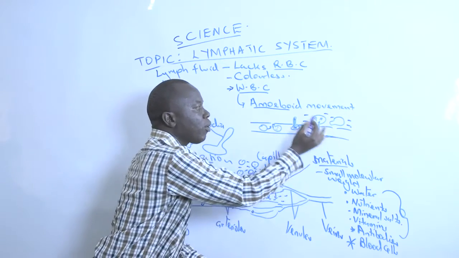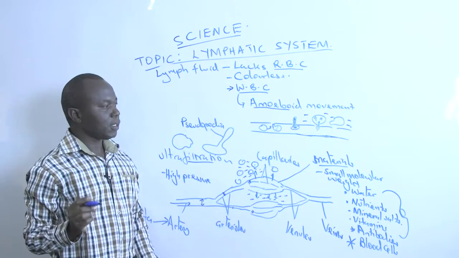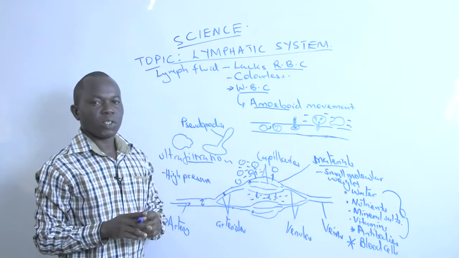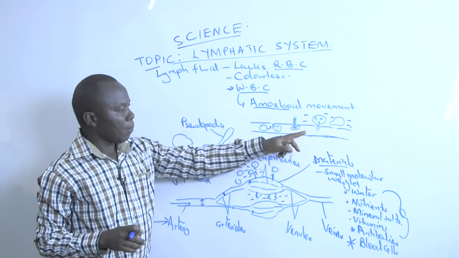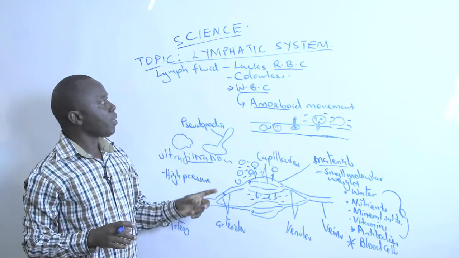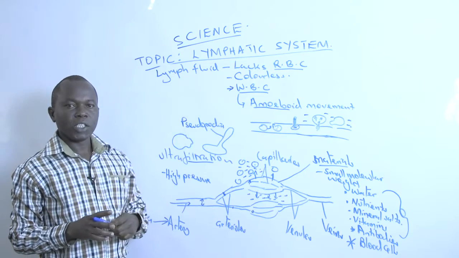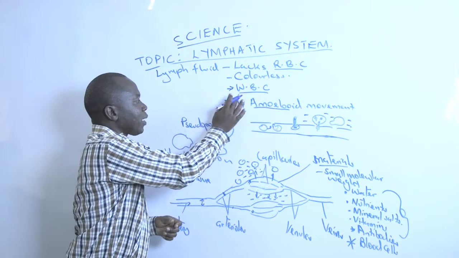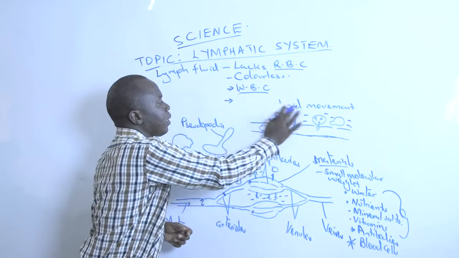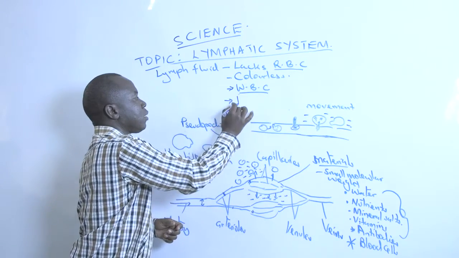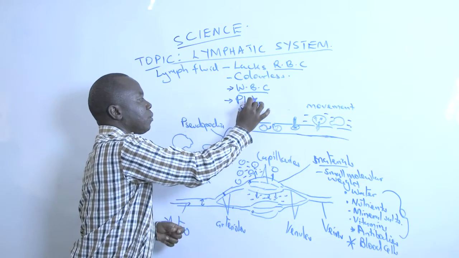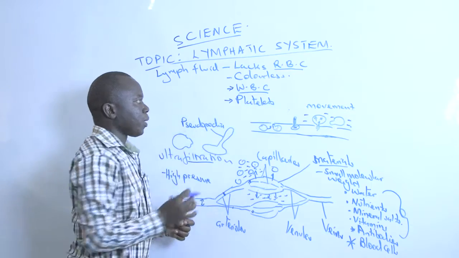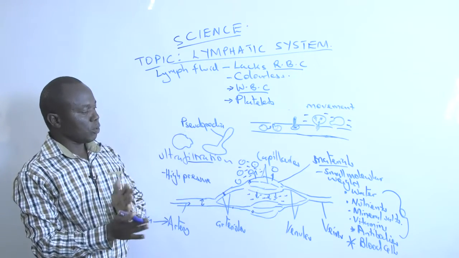In the process, the white blood cell will be out of the blood capillary, forming part of the tissue fluid. Also, we have platelets. Platelets form part of the tissue fluid.